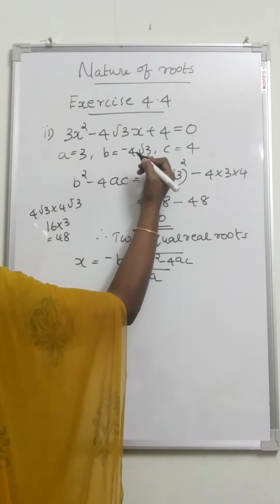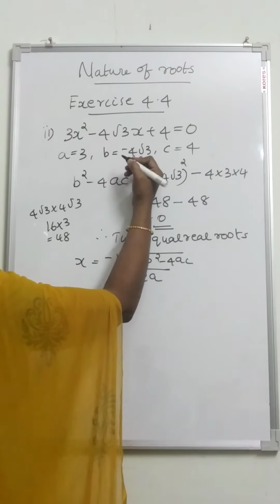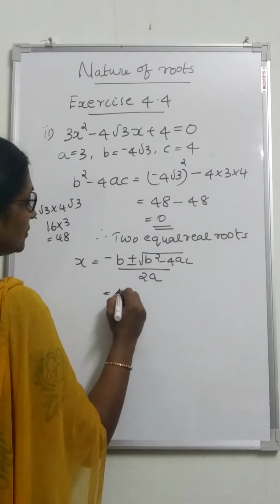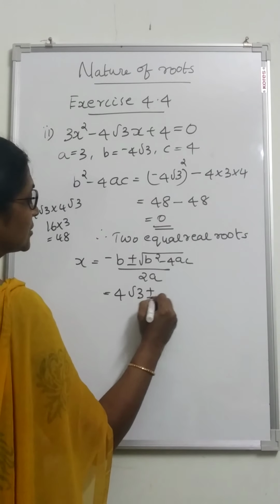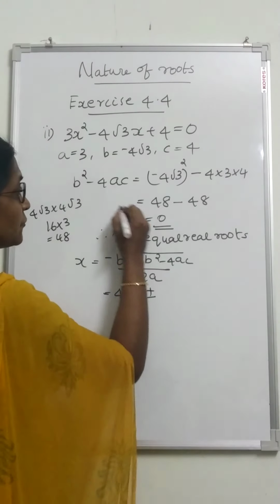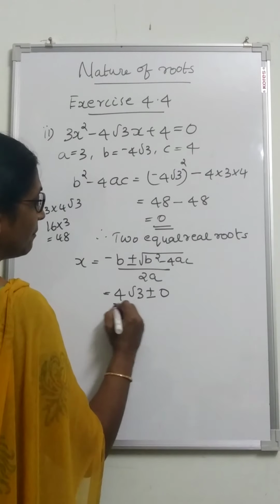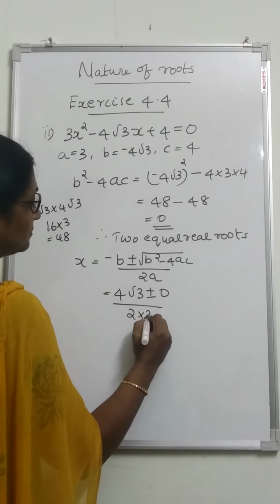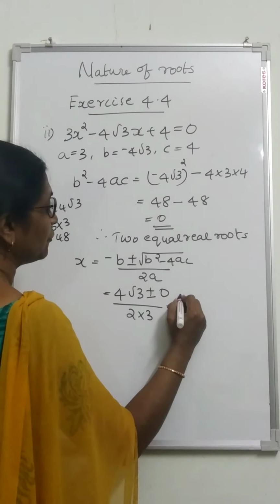B is equal to minus 4 root 3. Then minus b is equal to plus 4 root 3. 4 root 3 plus or minus root of b square minus 4ac, which is 0, by 2 into a, a is 3, is equal to 4 root 3.